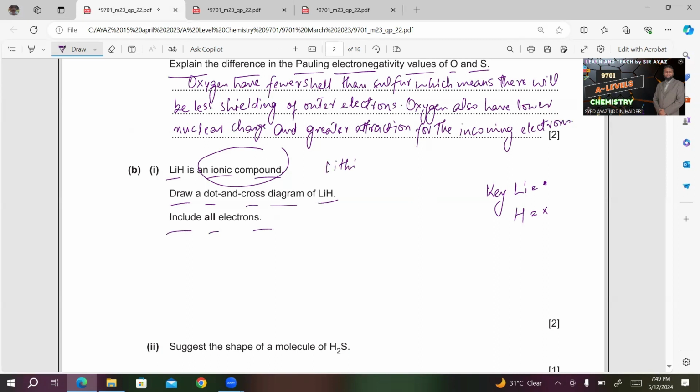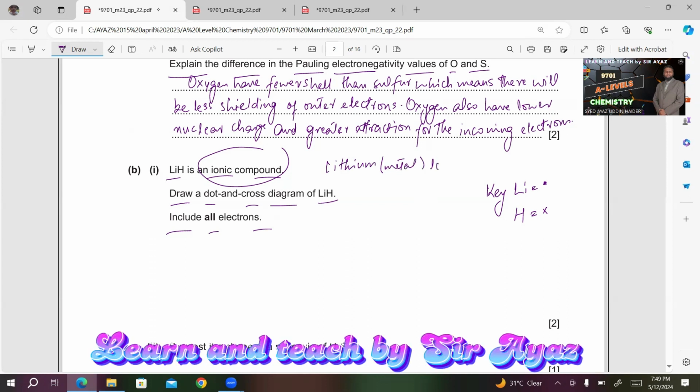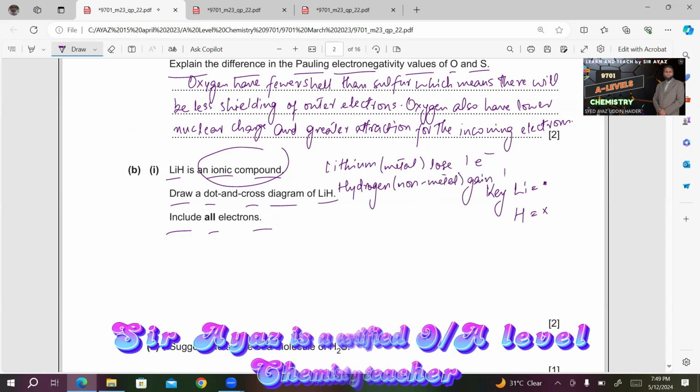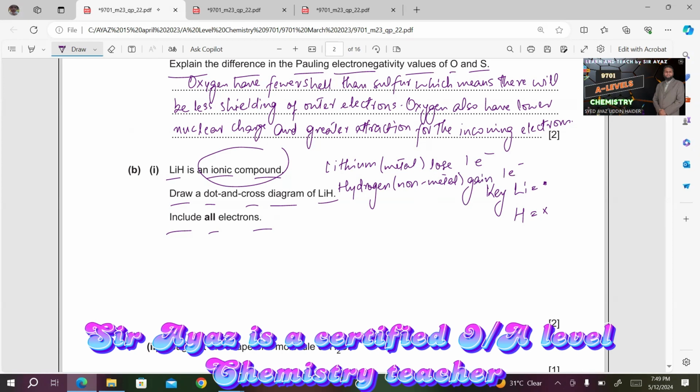Lithium, metal, loses 1 electron. Hydrogen, non-metal, gains 1 electron. So I'm going to show only the first shell of lithium.